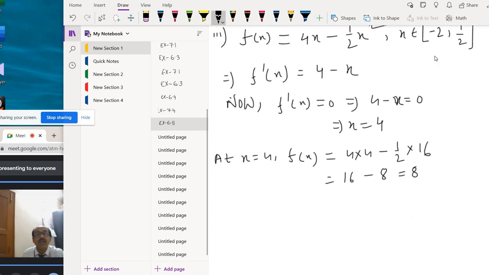So next, at x equal to -2, f(x) equal to 4 into -2 minus half into -2 whole square.